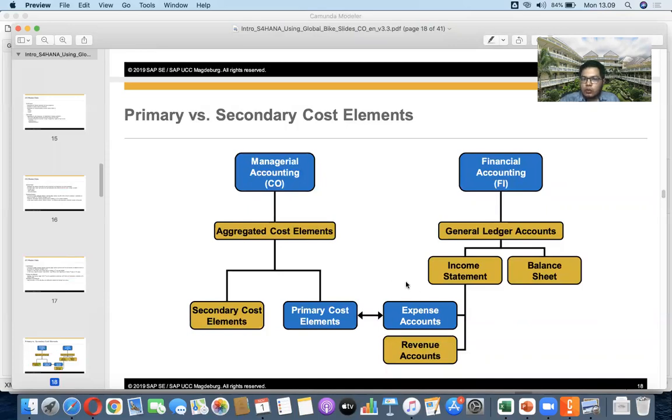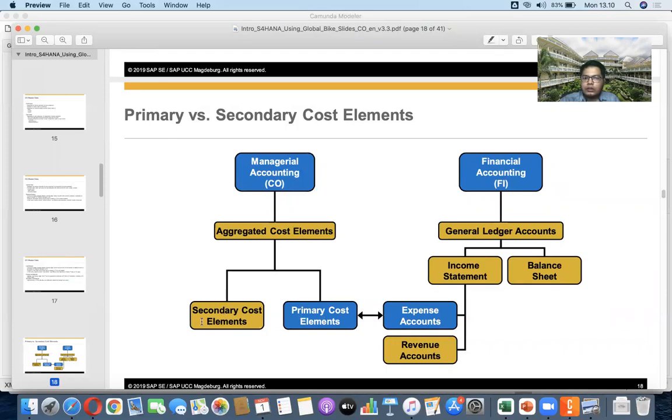The expense means the cost, which comes from the costs happening within the company. In managerial accounting, this cost is considered the same as the primary cost element. Here it is called the expense account; there it is the primary cost element.